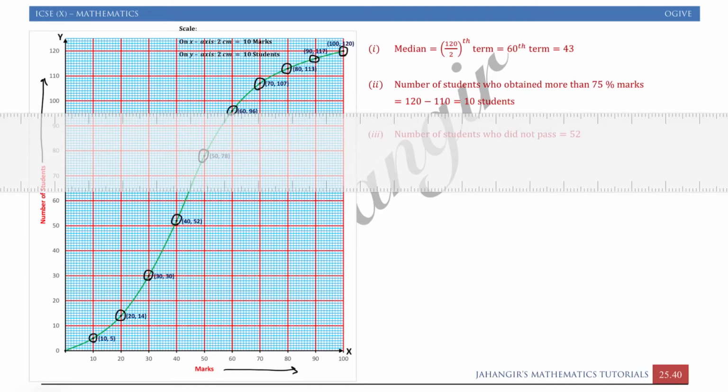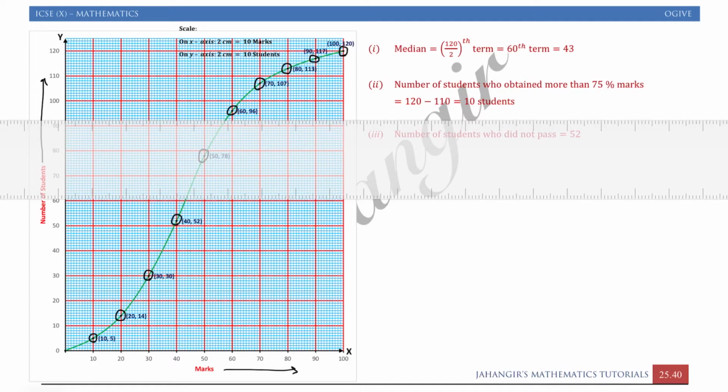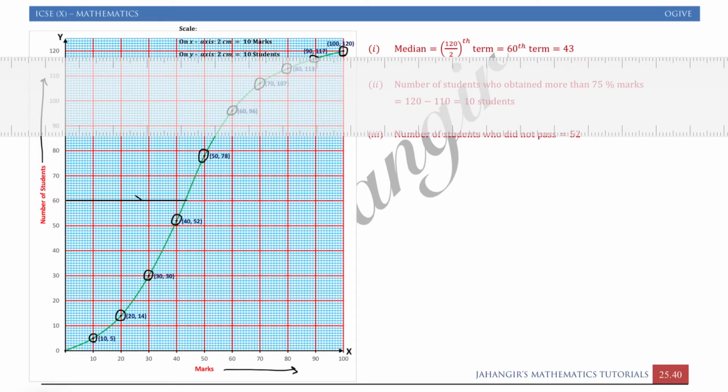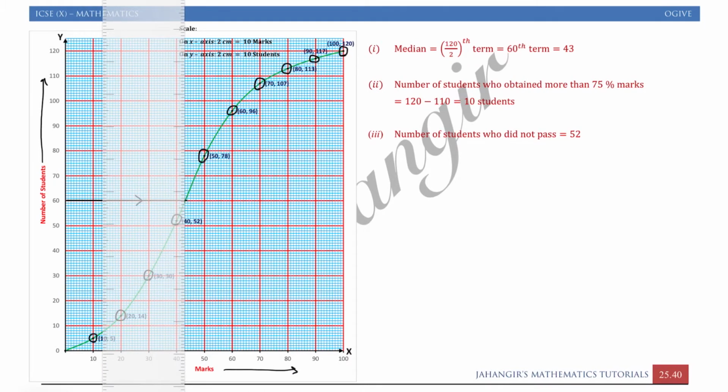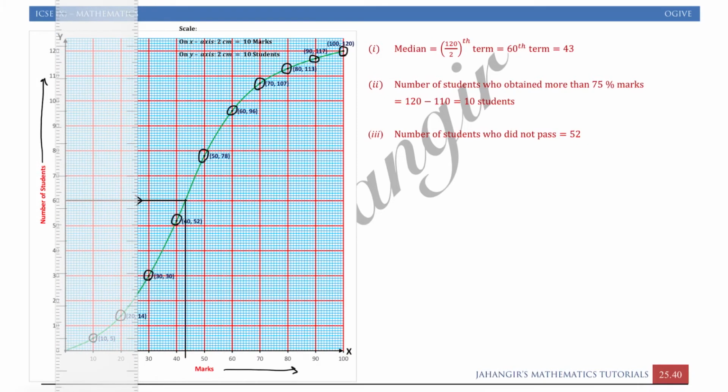The value of the 60th term is 43. This is the 43 reading. So median is 43. Second is the number of students who obtain more than 75% marks in the test.